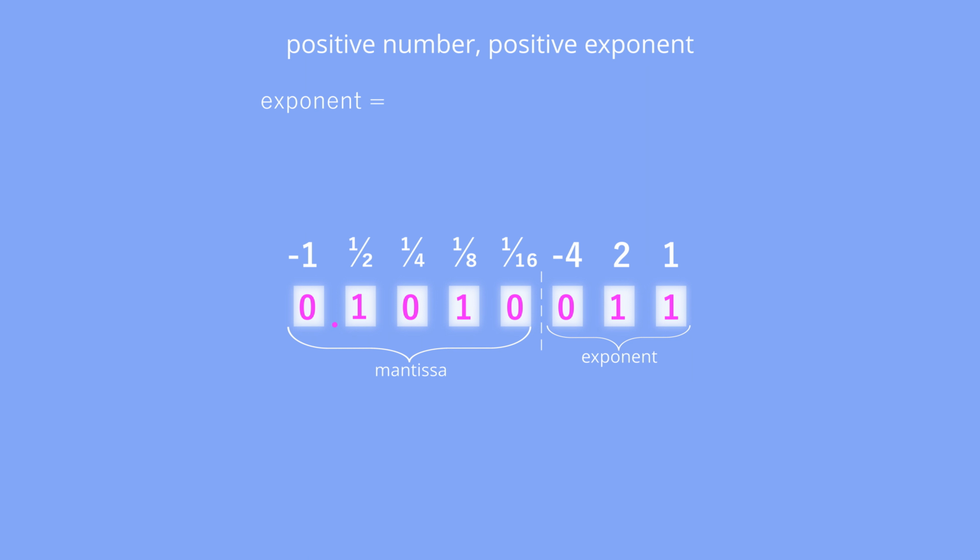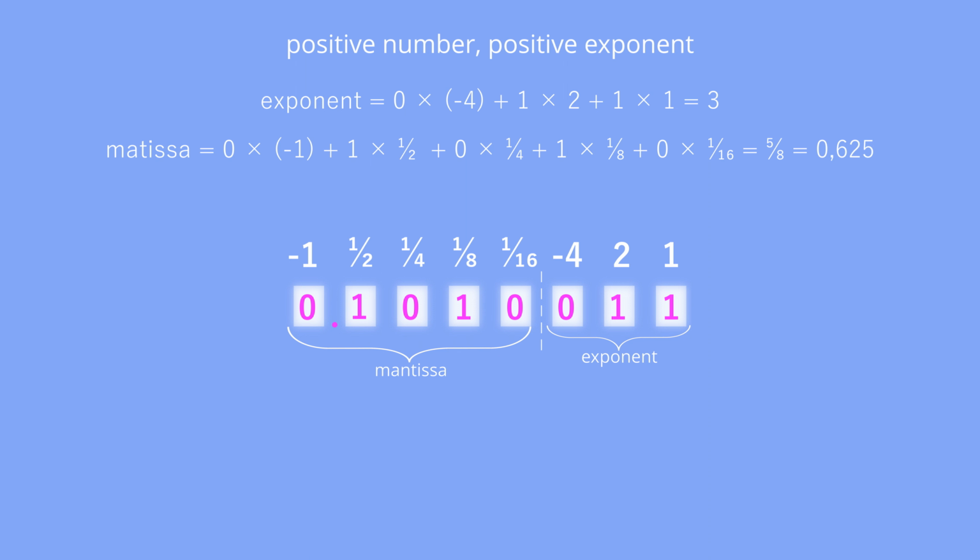The exponent equals 0 times negative 4 plus 1 times 2 plus 1 times 1 and equals 3. The mantissa equals 0 times negative 1 plus 1 times 1 over 2 plus 0 times 1 over 4 plus 1 times 1 over 8 plus 0 times 1 over 16 and equals 5 over 8 or 0.625.